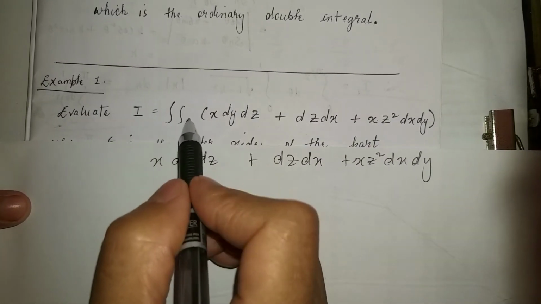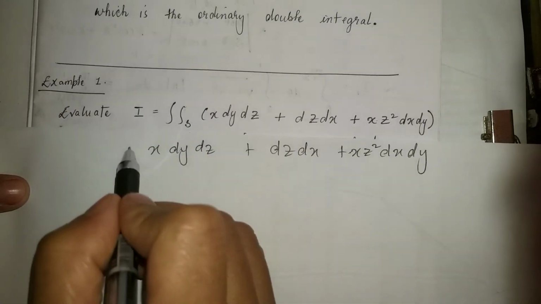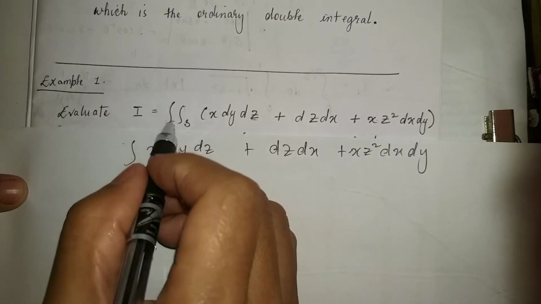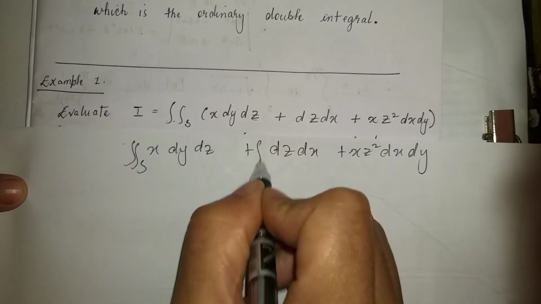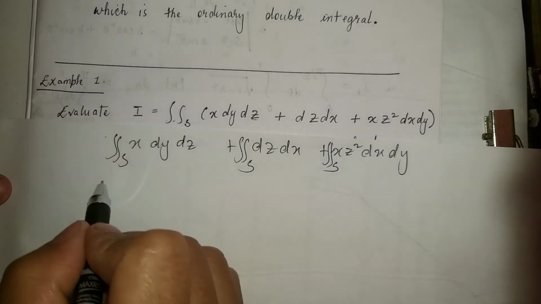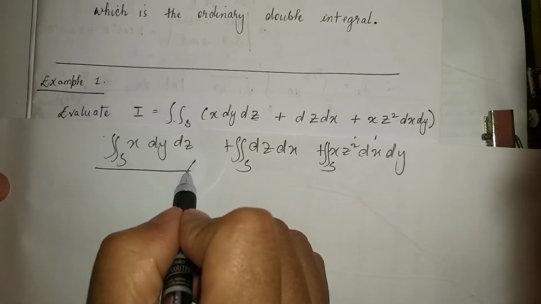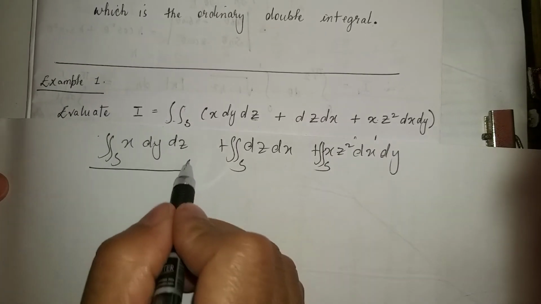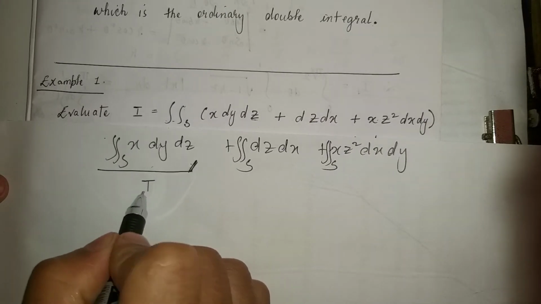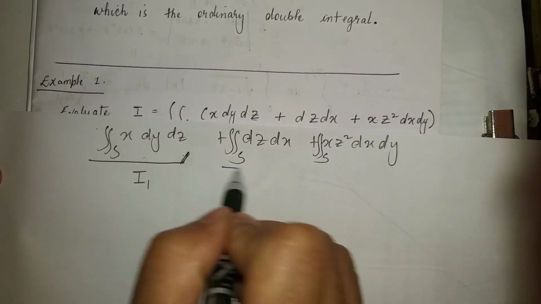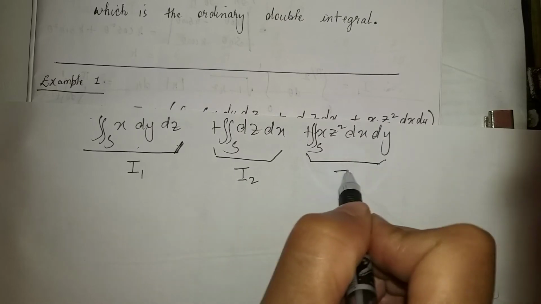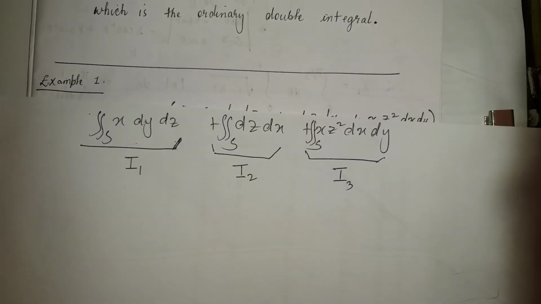Okay, and we integrate it over S. If I separate the integration sign, we have the integral over S plus the integral over S plus the integral over S. We'll have to evaluate them separately. So let me name this as I1, this as I2, and this as I3. Okay.